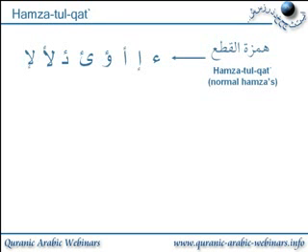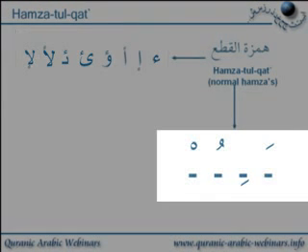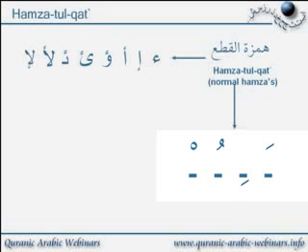So the normal Hamzas then. First thing to note, all of these normal Hamzas can carry fatha, kasra, dhamma, sukoon. They can also carry the, well, in some cases they can carry the tanween, especially the Hamza on its own.